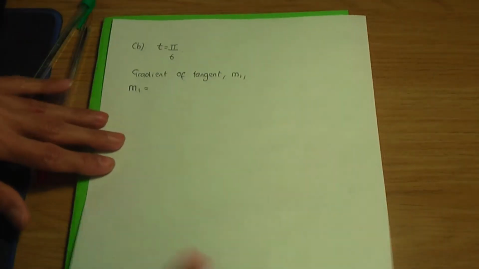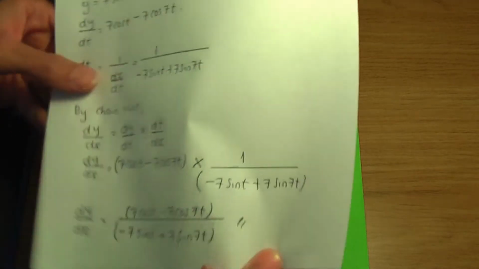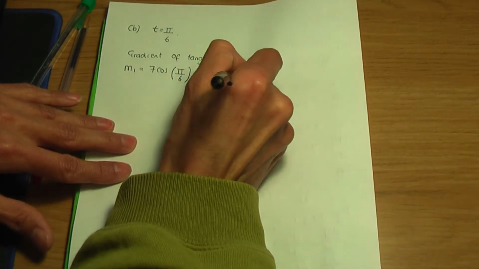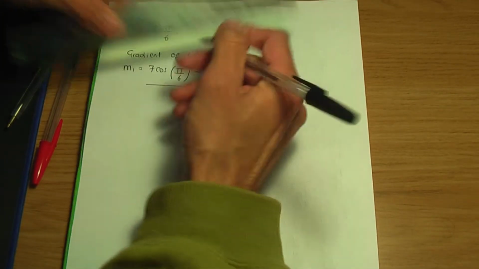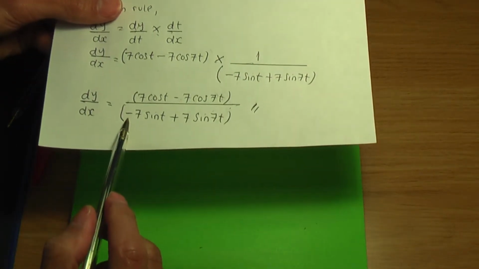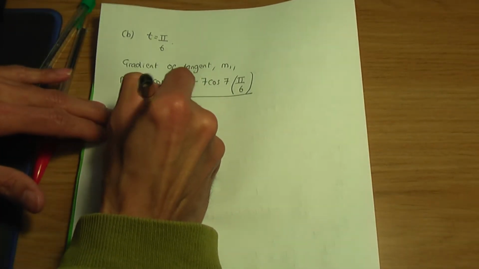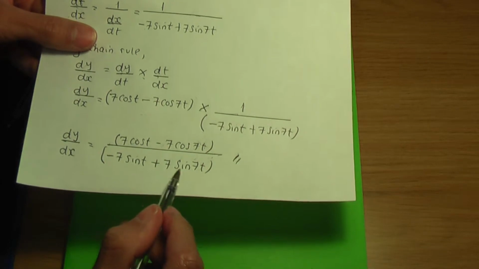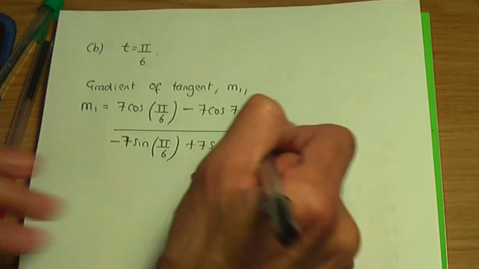So it's 7 cos pi over 6, minus 7 cos 7 times pi over 6, all divided by, in the denominator, minus 7 sine pi over 6, plus 7 sine 7 times pi over 6.